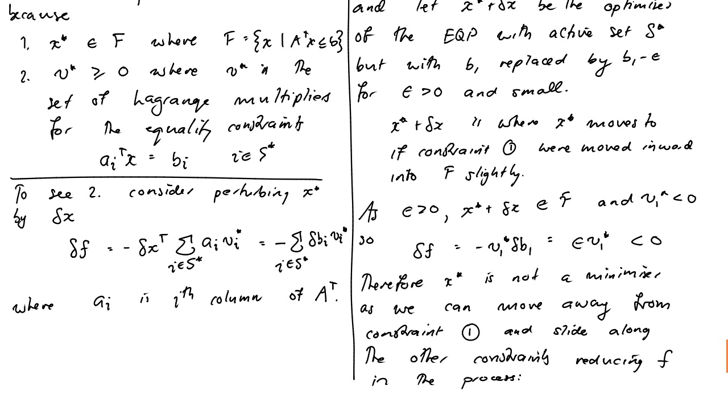Okay, so let's just see what this situation looks like in a picture. So let's say we've got a couple of constraints. Here we go, and we'll shade out as usual. So if we solve the EQP, let's just say our active set is these two constraints here.